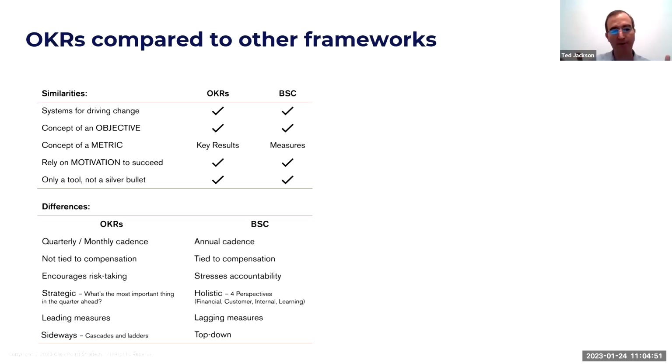Rather than saying what's the most important thing in the quarter, we're looking across a full scorecard of financial, customer, processes, people. We see leading and lagging indicators, and you do see a bit of top down in the way you might roll out a balanced scorecard. So similar, but there are some differences.